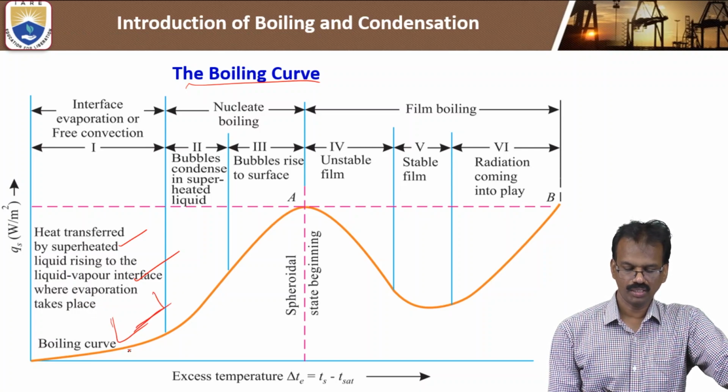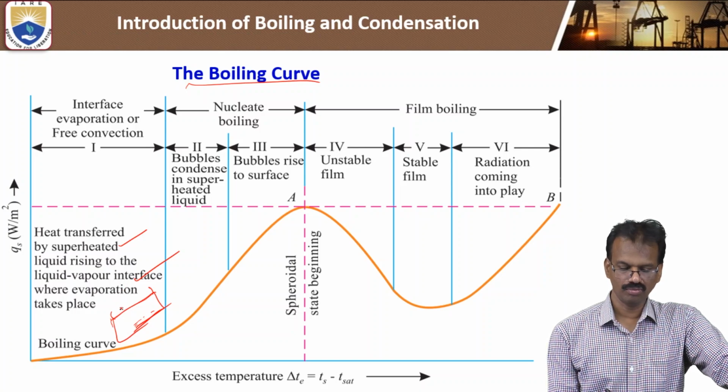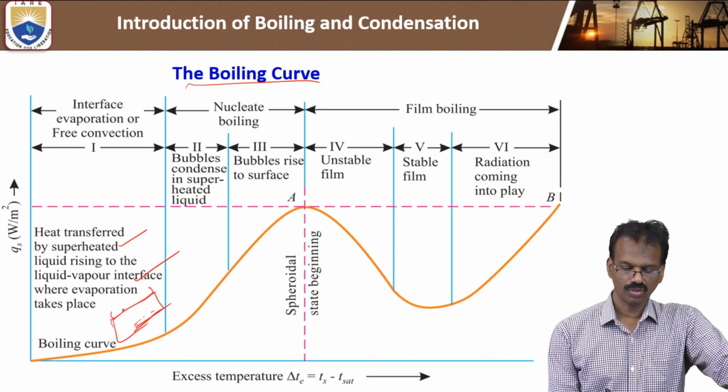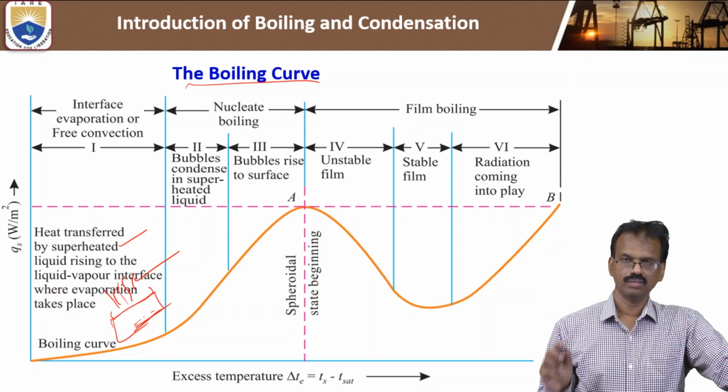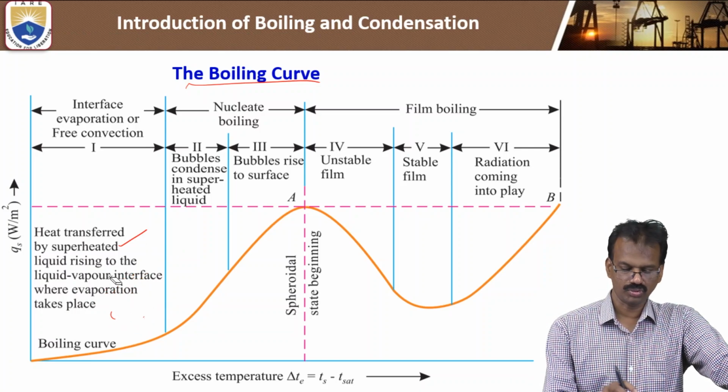Due to the buoyancy effect, the heat transfer takes place from bottom to top at the free surface of the water. So here we'll see the vaporization of water, the phase change. The water is evaporated into a vapor state. So this one is the process.